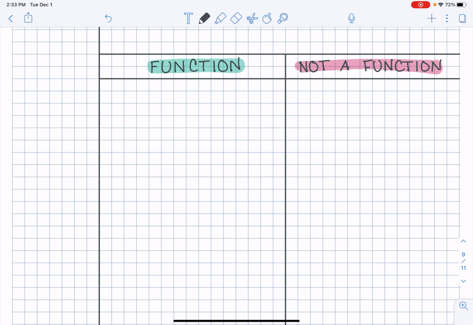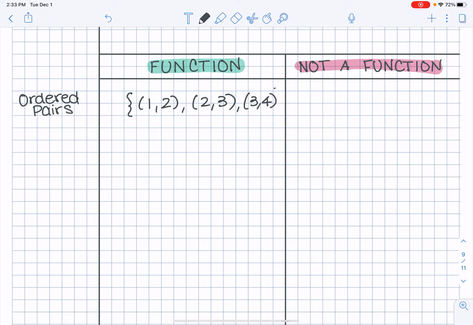Okay, so the first example we want to do is ordered pairs. So when do ordered pairs look like functions, and when do ordered pairs not look like functions? First we're going to have our squiggly line, and we're going to have the ordered pair 1, 2, let's do 2, 3, and 3, 4.